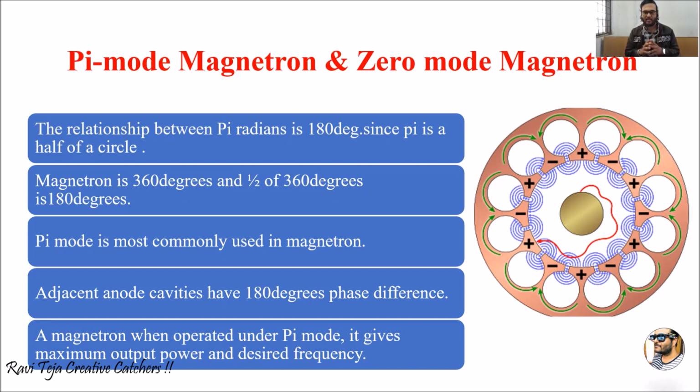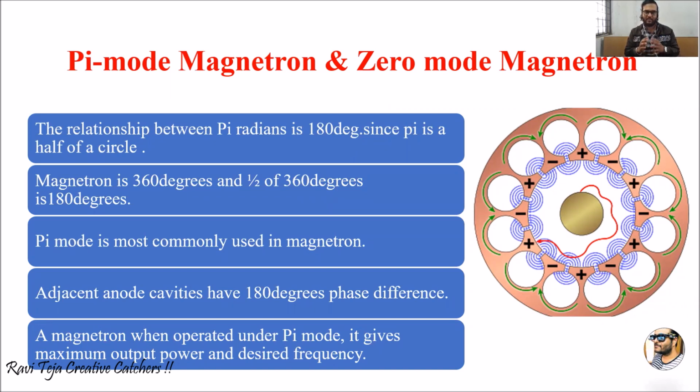Pi mode is nothing but 180 degrees in a magnetron; we are using half of the cavities present, and side by side cavities will have a 180 degrees phase difference.